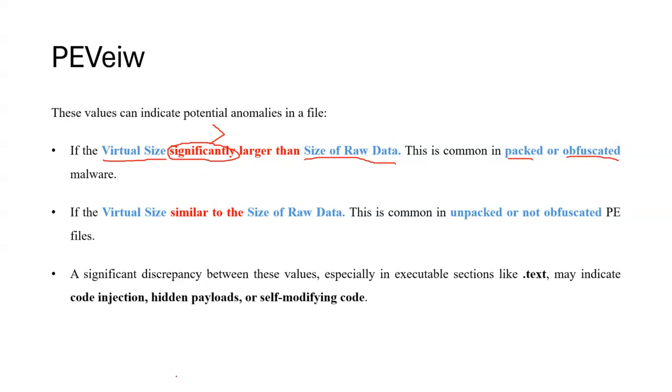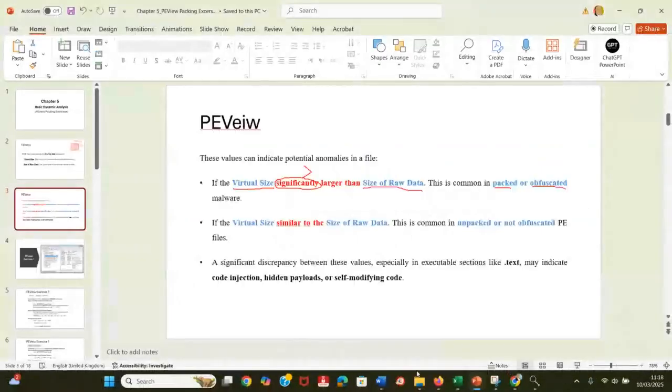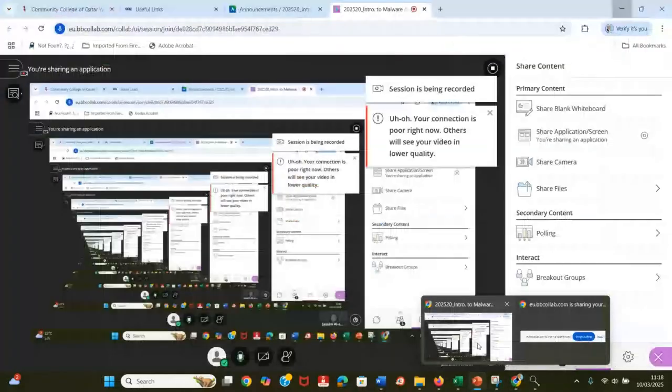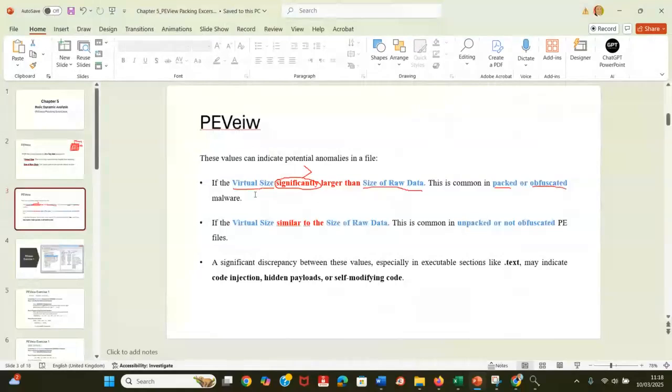Doctor, sorry for interrupting, but I have a question. Isn't the virtual size usually larger than the raw data, not vice versa? Yeah, it doesn't matter. What is important is that the sizes should not be so different. It shouldn't be so significant. It can be close because both of them are loaded into a memory section, so the sizes should be close.